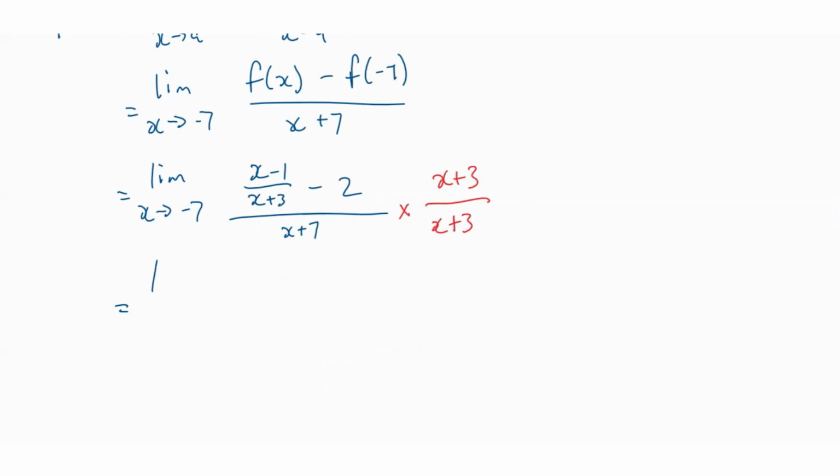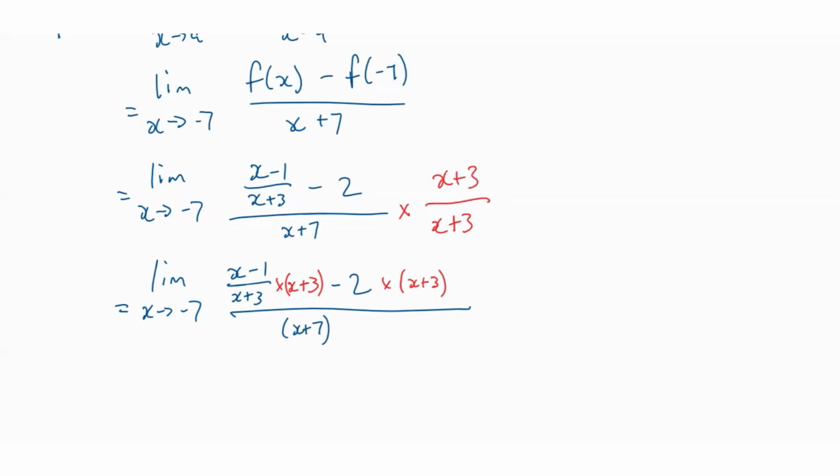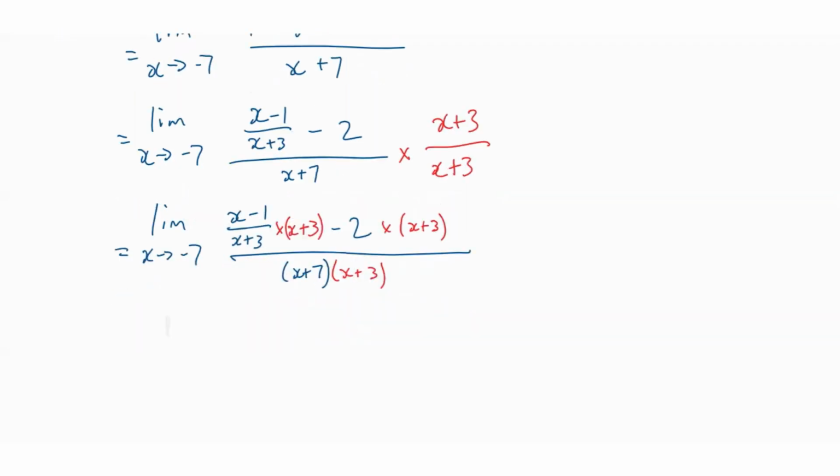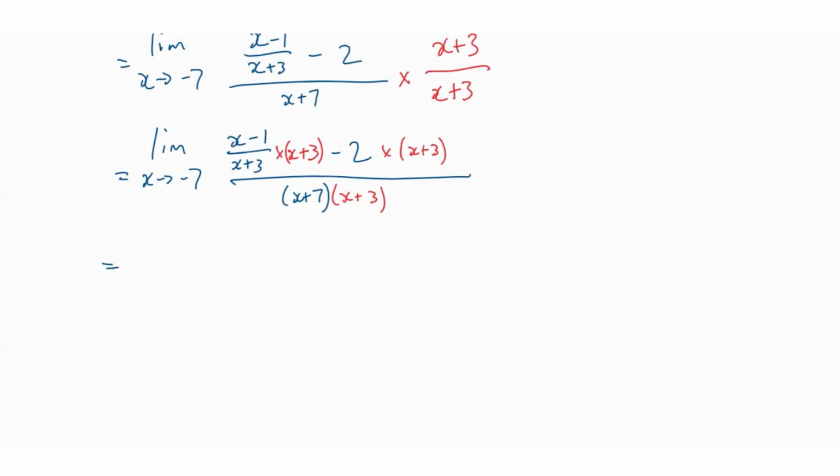I'm going to write out an extra step here. You get x minus 1 over x plus 3 times x plus 3. And then you also get negative 2, make sure you do this one right, times x plus 3. And on the bottom, you get x plus 7 also times x plus 3. So I have had to distribute the x plus 3 to both parts on top.